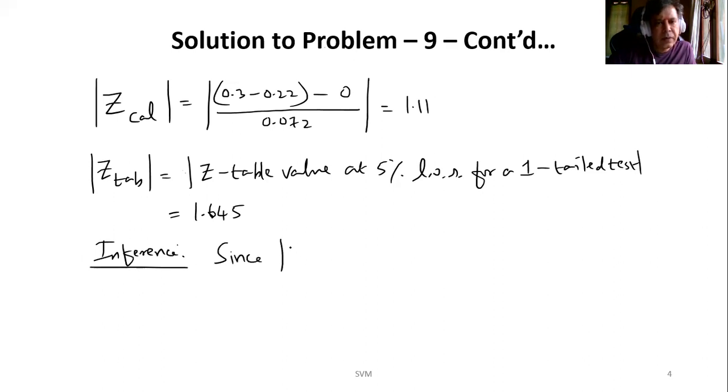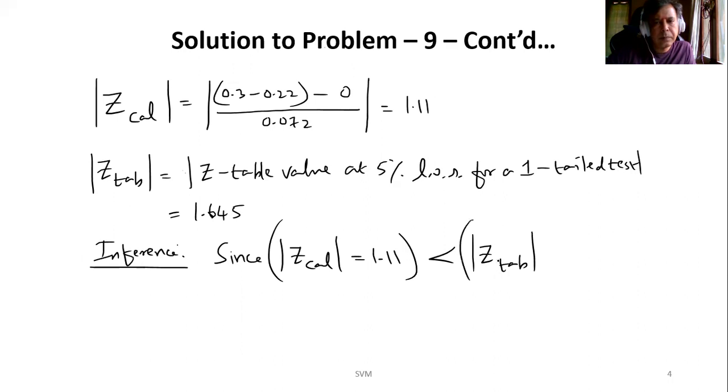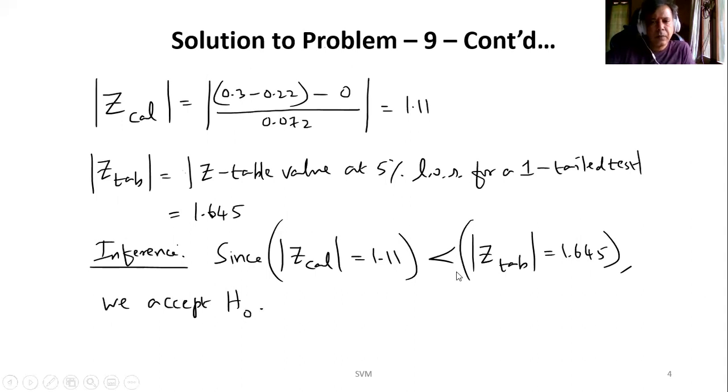Since Z cal under modulus, which is 1.11, is lesser than Z tab, which is 1.645, accept H0. That's the solution for this problem.